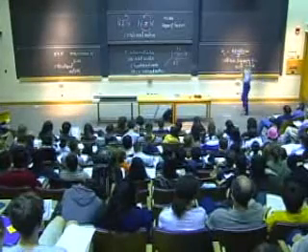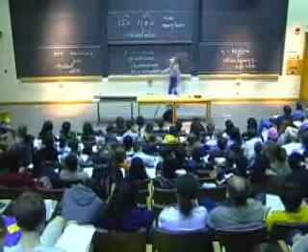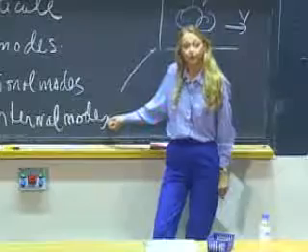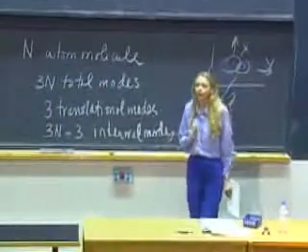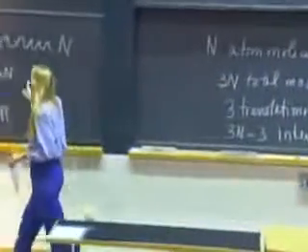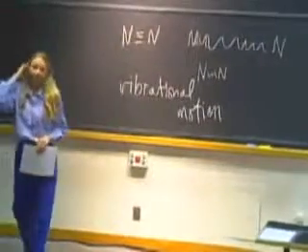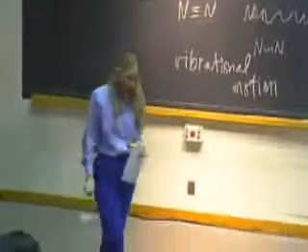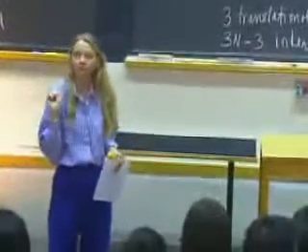Okay. And what we're going to see next time is that these internal degrees of freedom, these internal modes, are going to be quantized. That is, this molecule is going to be able to vibrate with only certain amounts of energy.